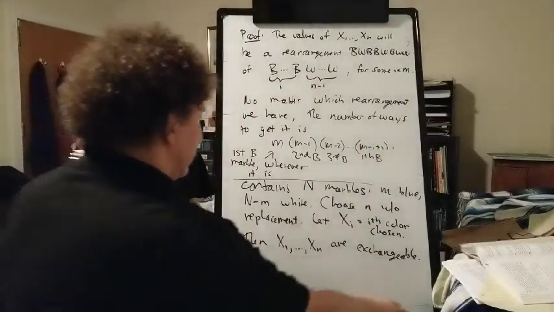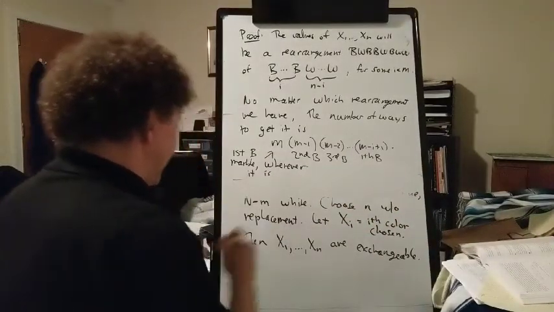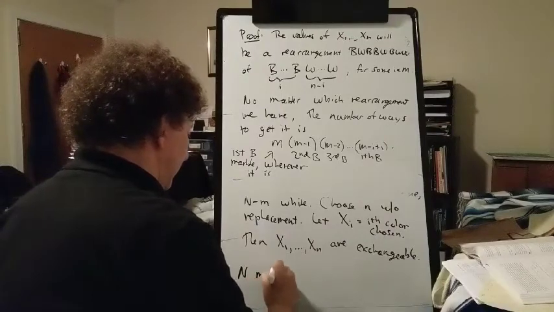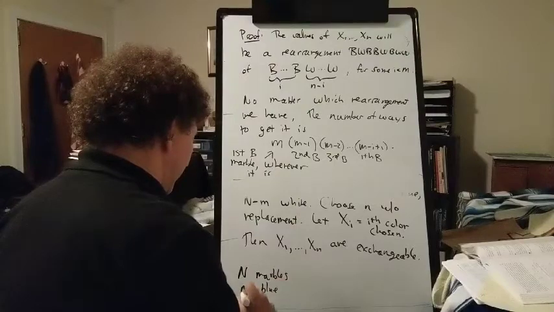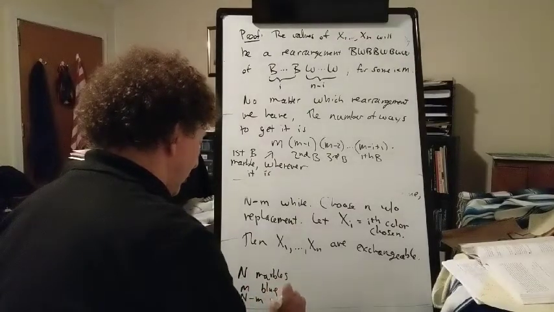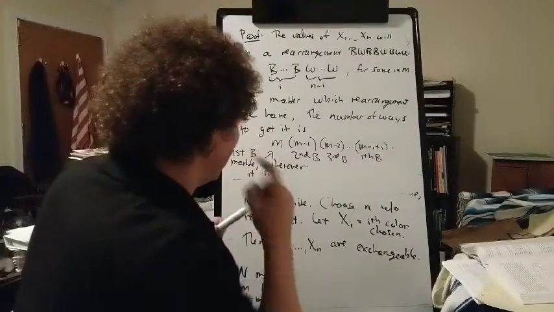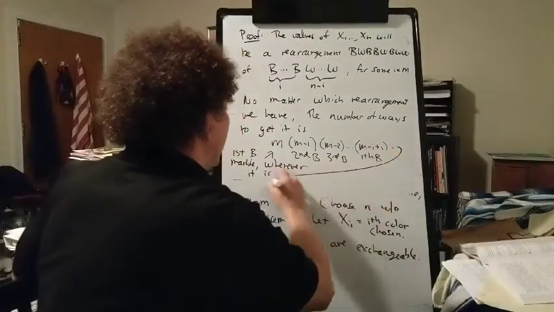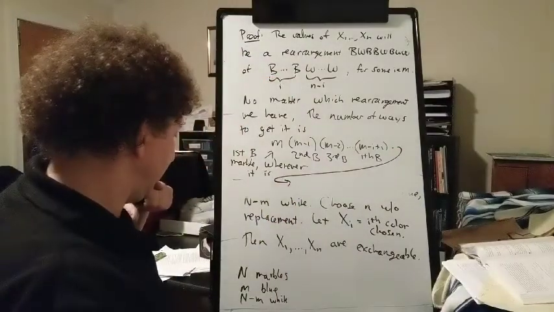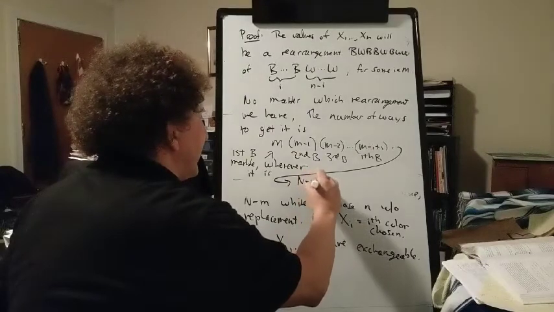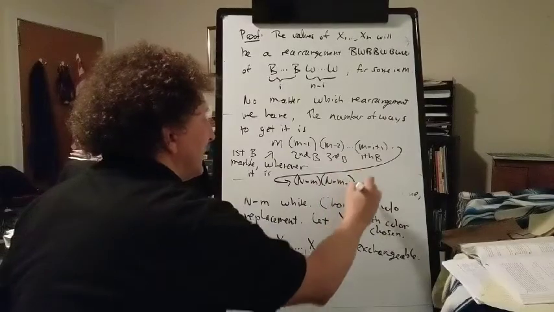times, so let me just write down here, capital N marbles, m blue, capital N minus m white. So times, we can choose the first white in N minus m ways, and then the second white in N minus m minus 1 ways.